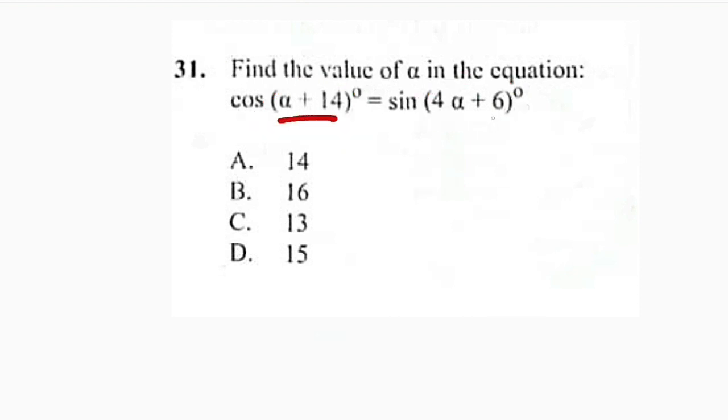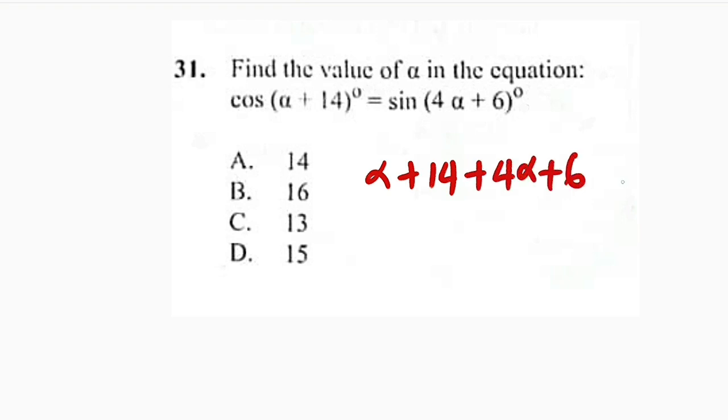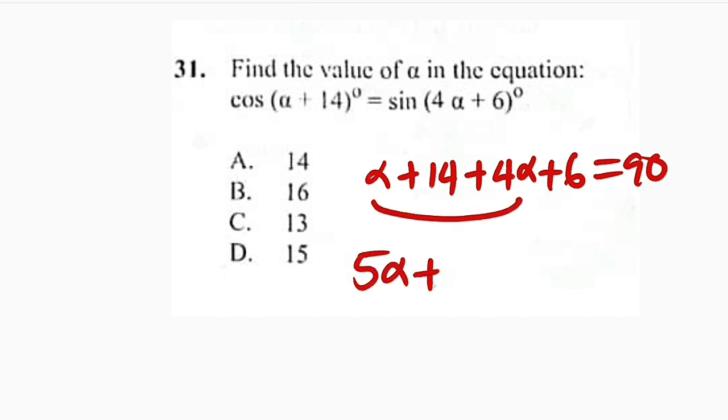Therefore, we can take the inputs, add them together, and set them to be equal to 90. Therefore, alpha plus 14, then plus 4 alpha plus 6 must be equal to 90. We have 5 alpha here. Then 14 and 6 will give us 20. This is 90.